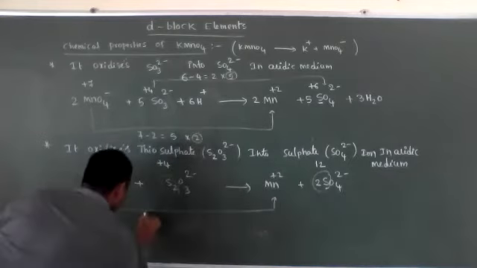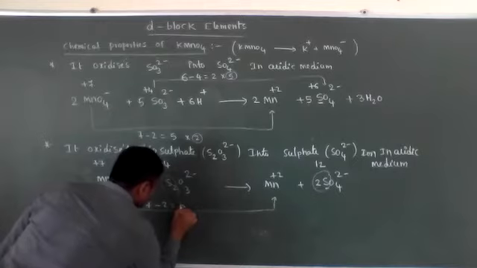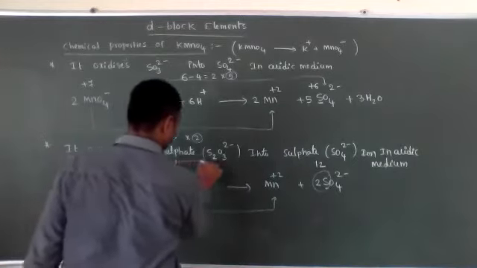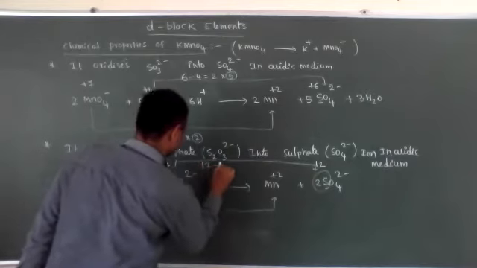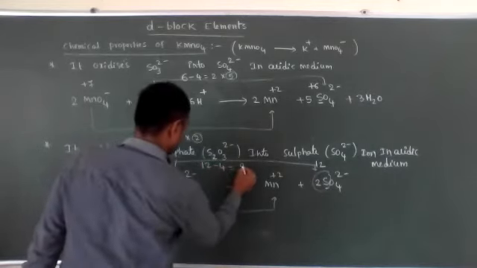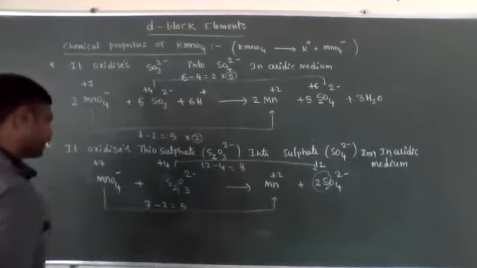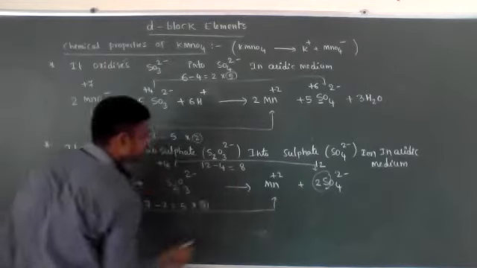Let's see, this is 7 minus 2 is equal to 5. The above equation, 12 minus 4 is equal to 8. That's why this equation we need to multiply with 8.